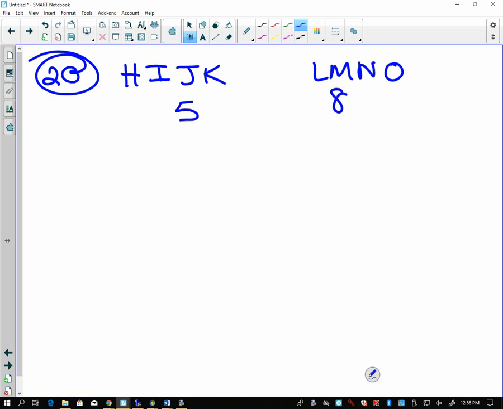If we know that the perimeter of this one over here equals, let's say, 28, we want to know what is the perimeter of this one here. How would we go about finding out?